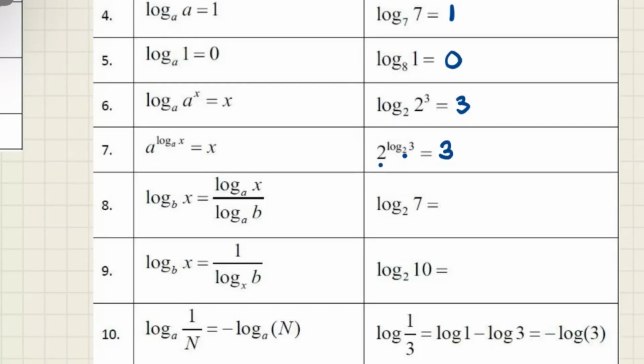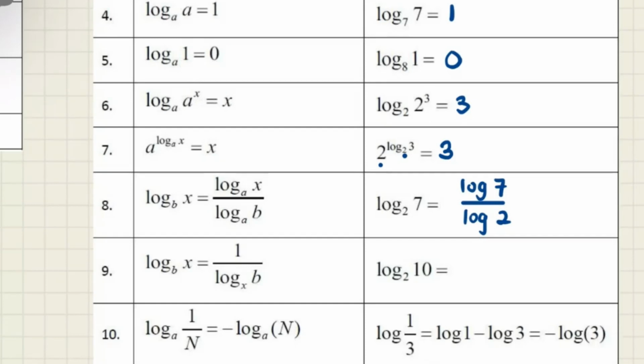And okay, log of 2, 7, kita nak tukarkan dia punya base. Okay, kita nak tukar dia punya base. So let's say I'm going to use base 10 contohnya. So it will be log of base 10, 7 ataupun saya tak payah tulis lah, log 7 divided by log 2.